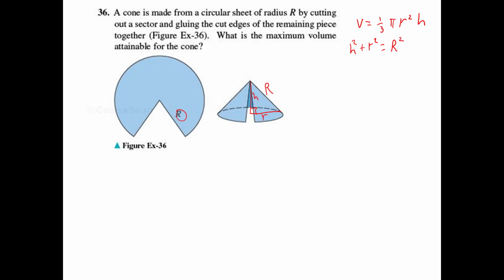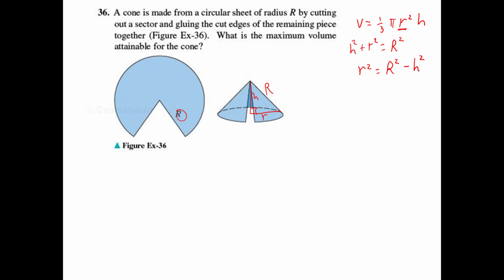And so then, since we have an r squared here already, rather than solving for h, we can solve for r squared. So then we can rewrite this formula as r squared is equal to big R squared minus h squared.